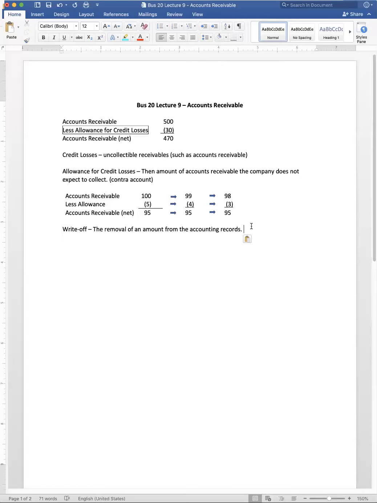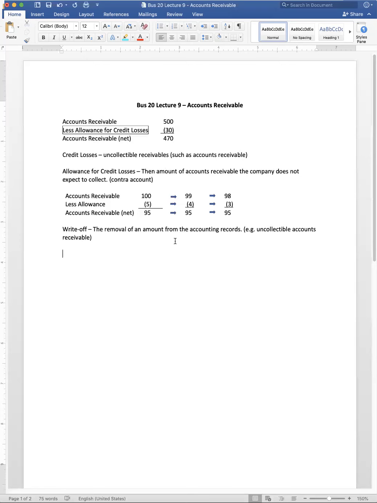We are using it specifically here to talk about uncollectible accounts receivable. But accountants will use that term write-off for other things as well. Essentially, we're removing some item from the records because it's not worth anything anymore.